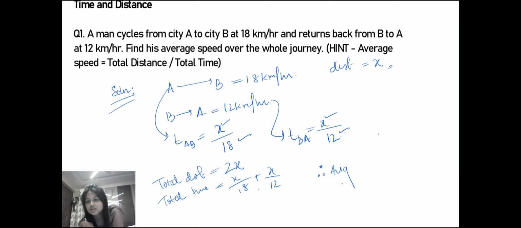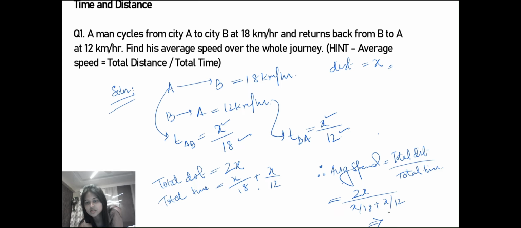Therefore, we know that average speed is total distance by total time. So total distance is 2x and total time is x by 18 plus x by 12.